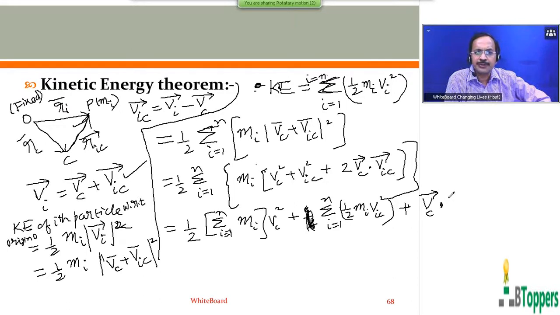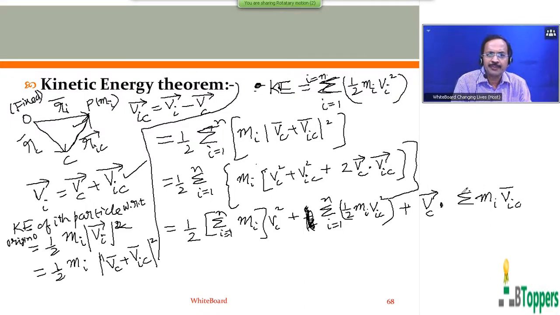Now sigma mi means the sum of the masses of all the n particles of the system.